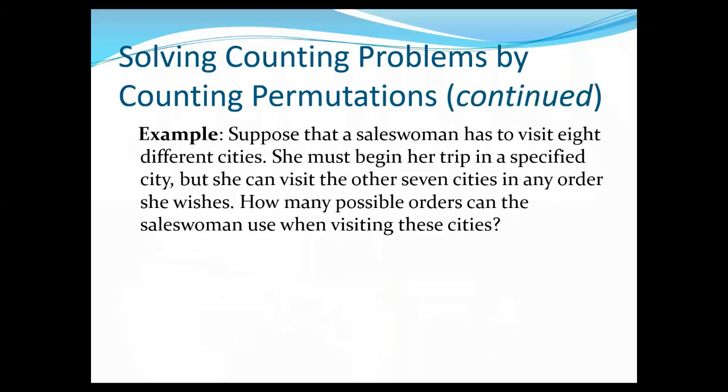Another example. Suppose that a saleswoman has to visit 8 different cities. She must begin her trip in a specified city, but she can visit the other 7 cities in any order she wishes. How many possible orders can the saleswoman use when visiting these cities? So we have 8 cities and we're going to start on the first city, the specified city, and then we're going to roam the other cities.